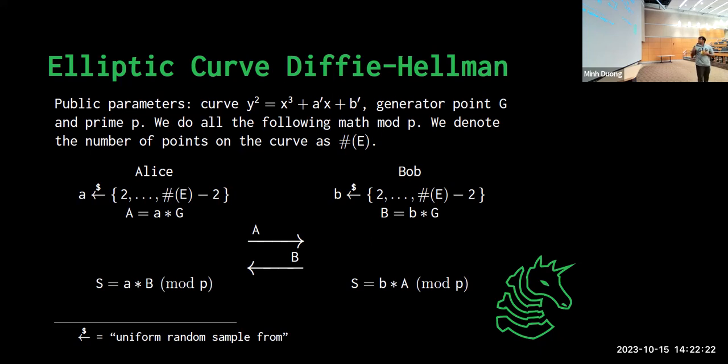And all we need to do to get the shared secret is very similar to multiplication. This is all done over the elliptic curve y squared equals x cubed plus a prime x plus b. So it's more or less the same, except now you just focus on that.